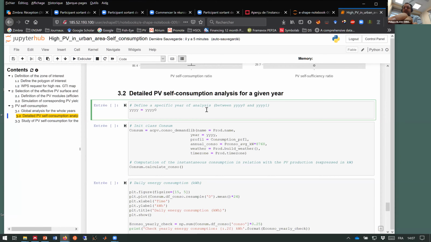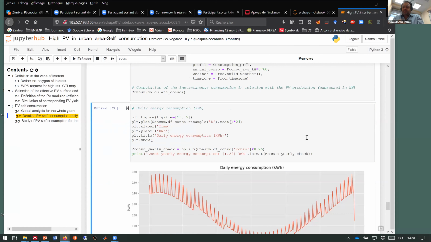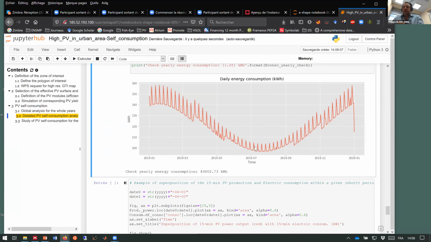So for example, I can select the last year of the data. So I redo the simulation of the consumption here. And this is the profile of energy consumption on a daily basis, expressed in kilowatt hours. And you can see here, as a household, you have a seasonal effect, of course.